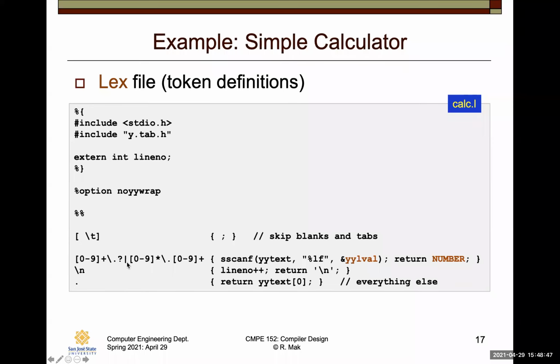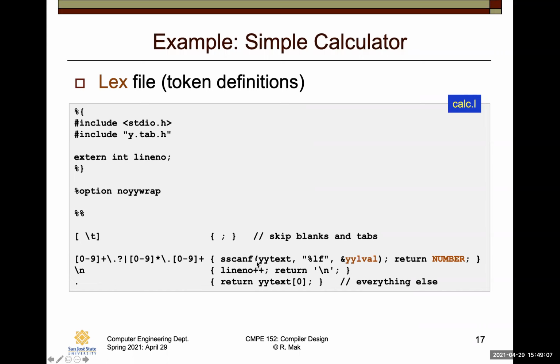Now what do we want the scanner to do when it encounters a string of digits and decimal point that matches the definition of a number? Well, we want to scan it and basically read it in.